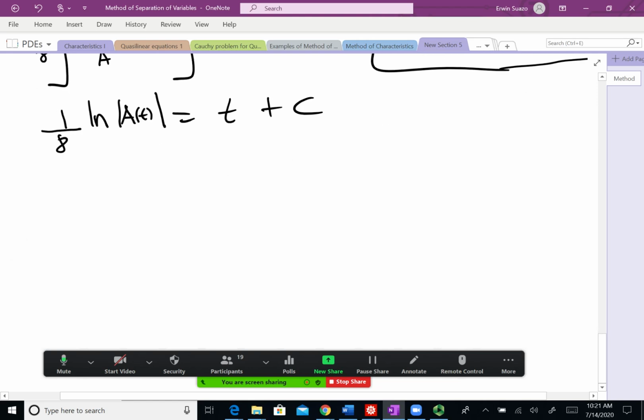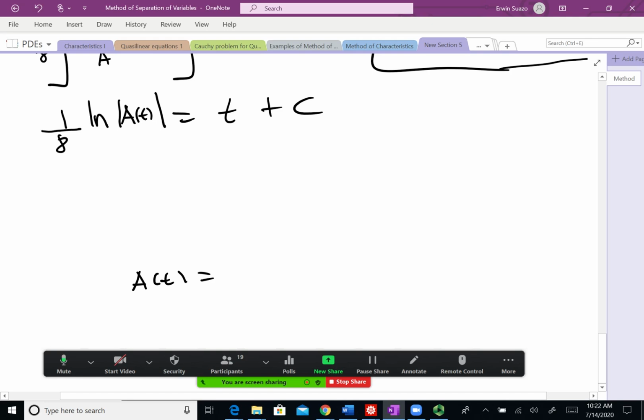So now what should we do? What is our purpose here? What do we want? We want to have an expression like A of t equals something. That's what we want. So we need to solve this.